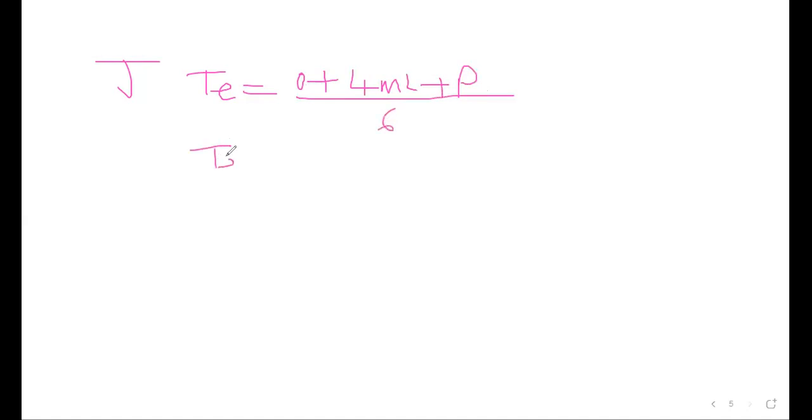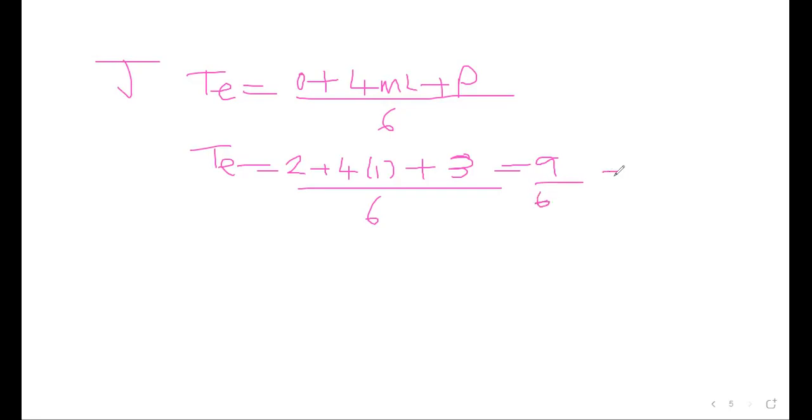So our time expected is actually going to be 2 plus 4 on 1, then plus 3, over 6, where 6 is constant. So on top you are getting 9 over 6, which is giving us 1.5. So this is what we have looking at this one.